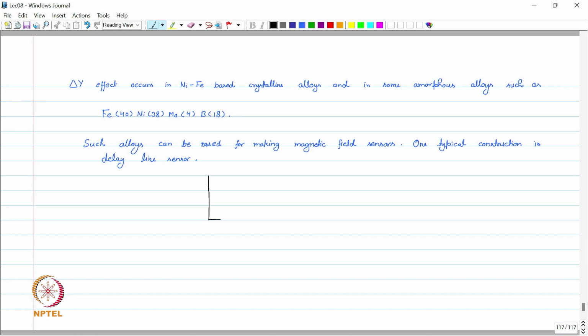In a delay line sensor we have a substrate, which in our case now is a magnetic material, and on top of it we put IDT structures.